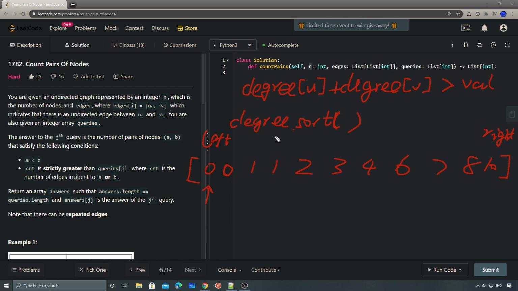Then we can try to move this right pointer to the left until this condition doesn't match. So let's say for this left pointer here, we move this right pointer to here, okay?